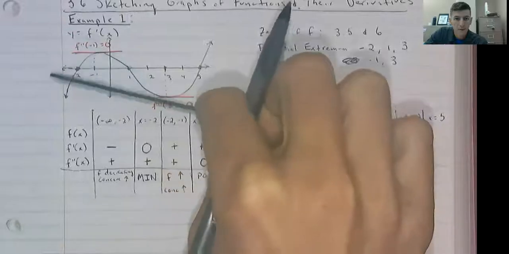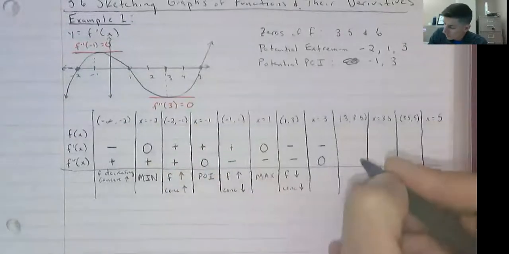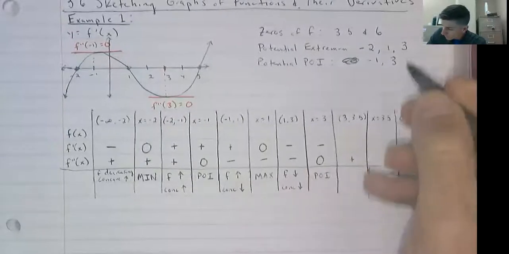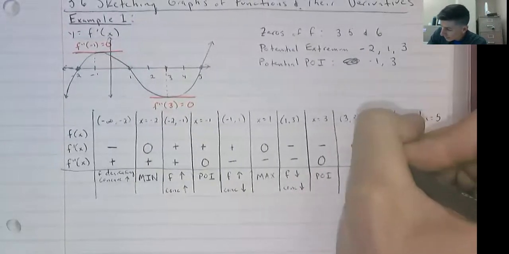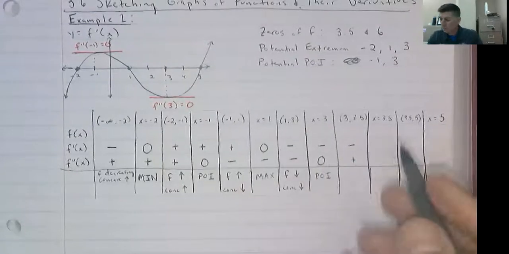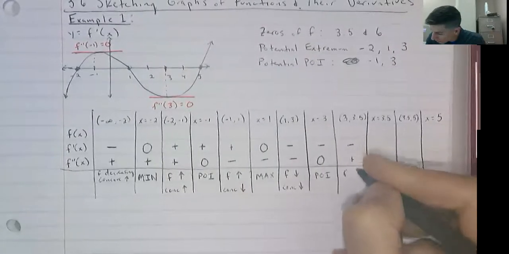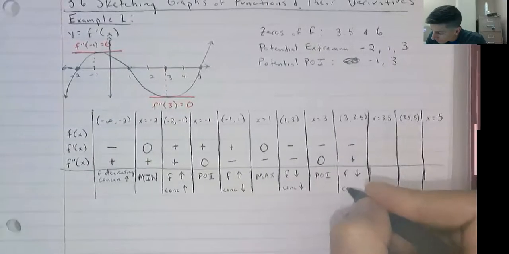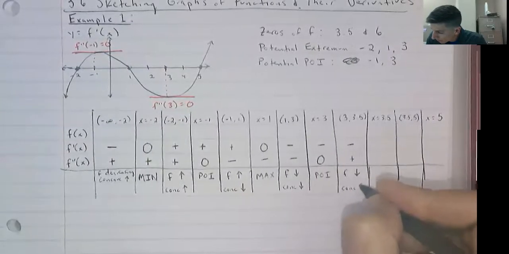Well, here it's negative, there it's 0, then it's positive. So yes, this is another POI. Still got a negative derivative, so we are still a decreasing function here, but now we've switched from being concave down to concave up.